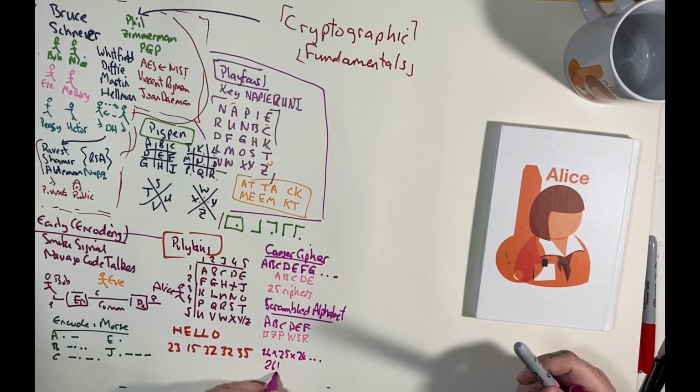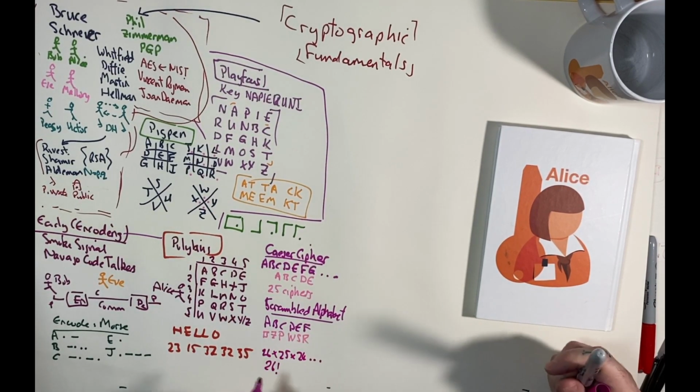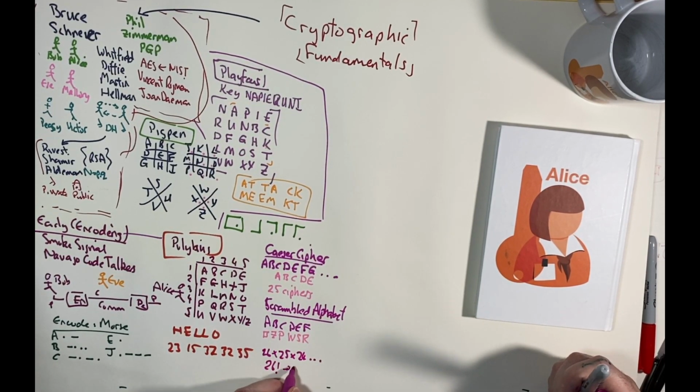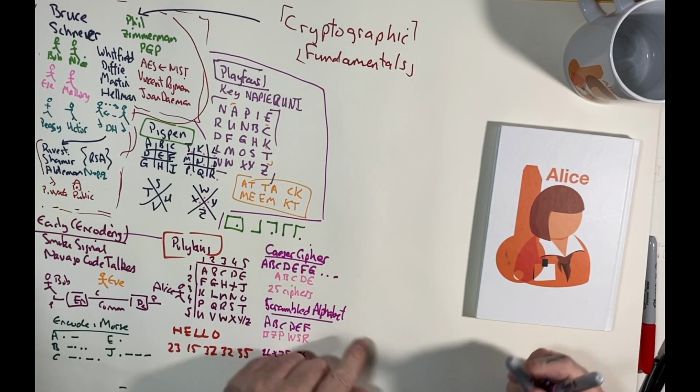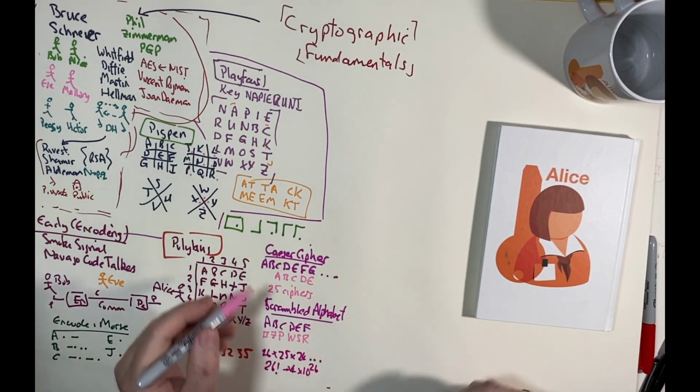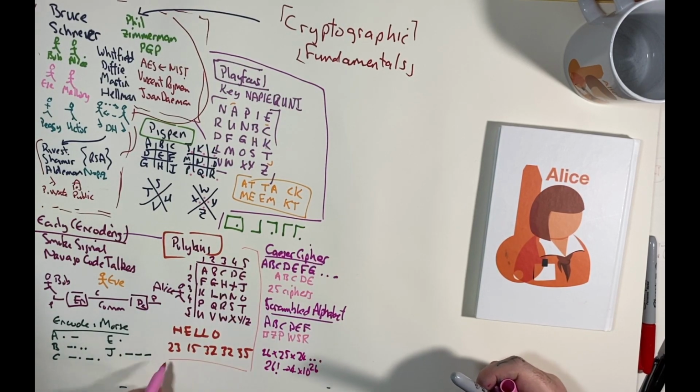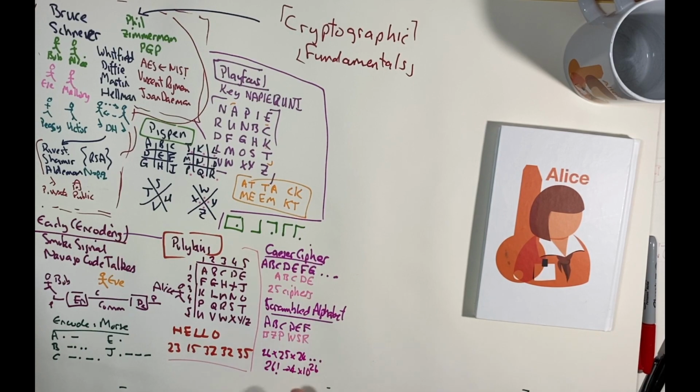This becomes 26 factorial, and it's a massive number. 4 times 10 to the 26. 4 with 26 zeros gives us the total number of combinations of a scrambled alphabet. So that looks fairly secure. You would think not even the best computers in the world could crack that within a reasonable time.